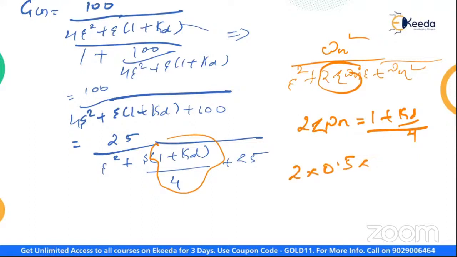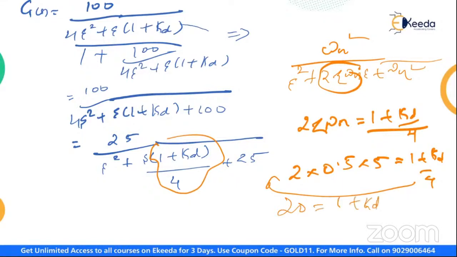Omega n is 5, equal to 1 plus KD by 4. 4 again goes there. So you get 2 into 5, 10. 2 into 5, 10. 0.5 into 4 is 2. So you get here 10 and 1 plus KD. So 20 equal to 1 plus KD. Therefore, you get the KD value to be equal to 19.